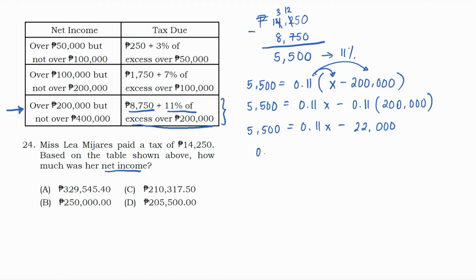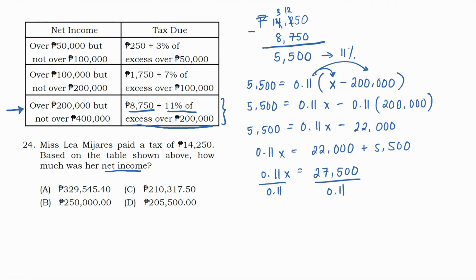So, 0.11x is equal to 22,000. Pinagpalit ko lang yung places nila, wag kayo malito. Ayan, 22,000 plus 5,500. So 0.11x is equal to 27,500 and then divided by 0.11.